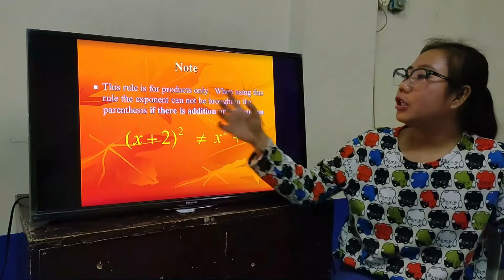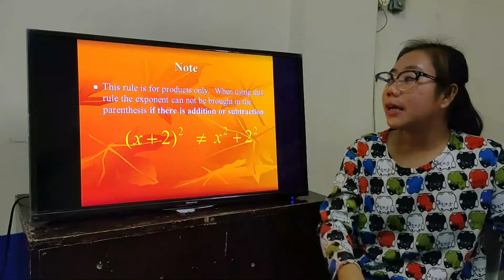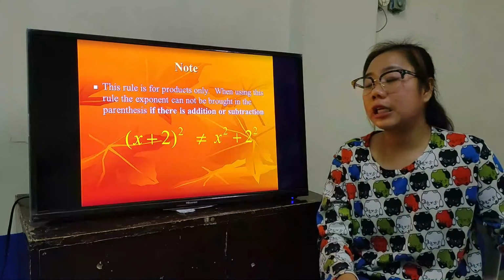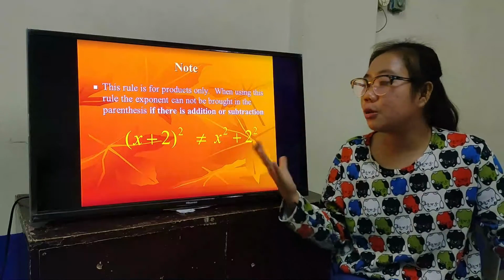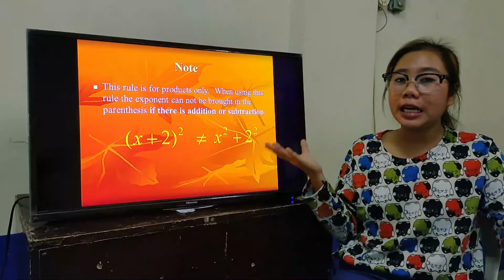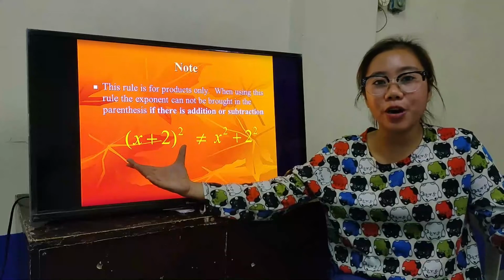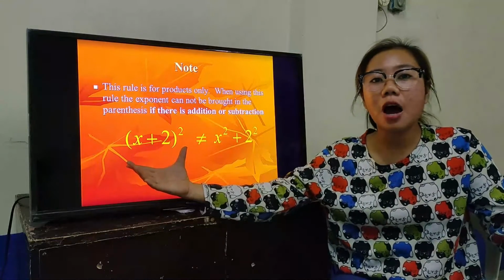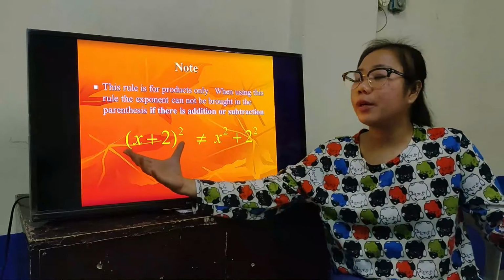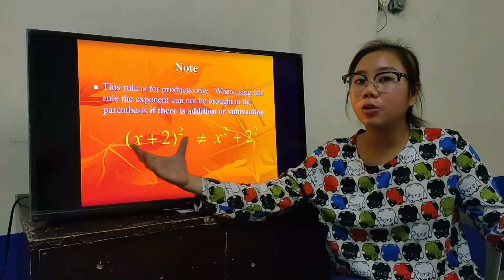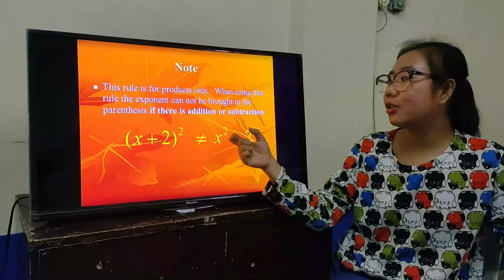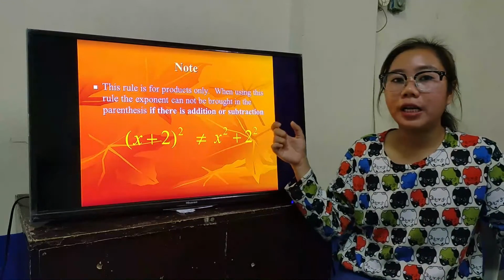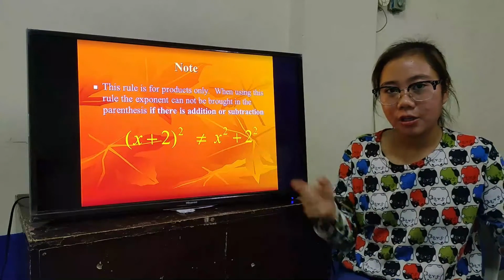What do we use to simplify this expression? We use the FOIL method. We will do x plus 2 times x plus 2. It cannot become x raised to 2 plus 2 raised to 2.